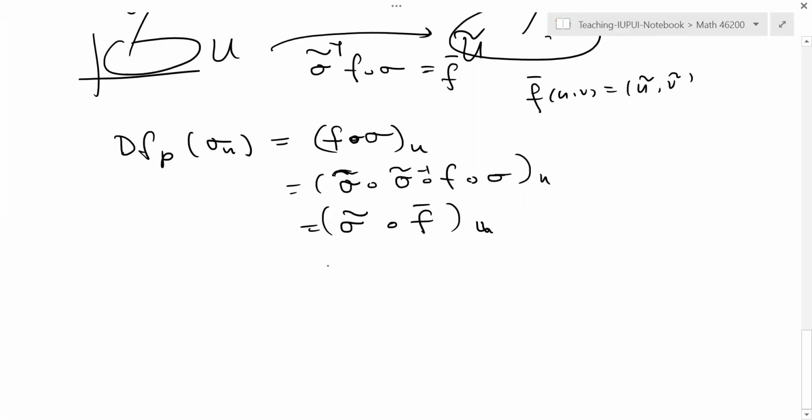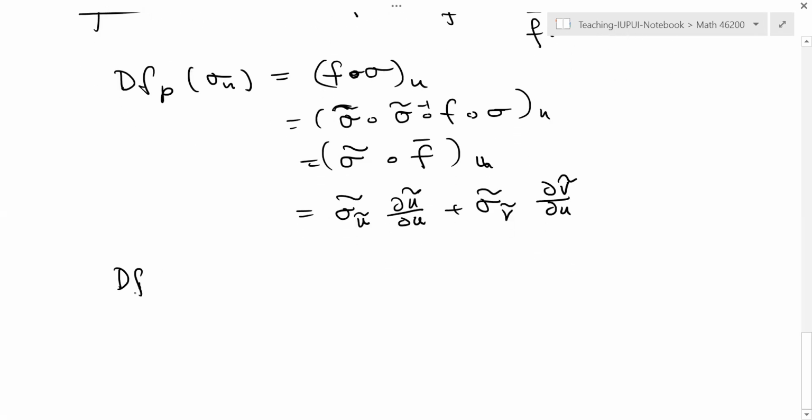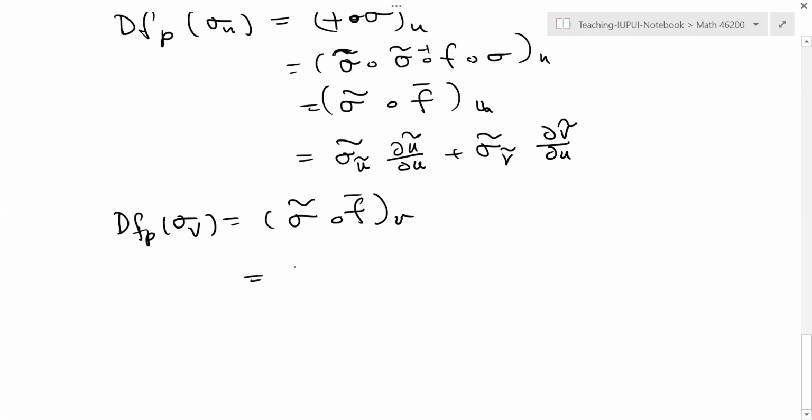Use the chain rule. Another one, dF_P of sigma_v, and similarly you have this, which is going to be sigma_u tilde.